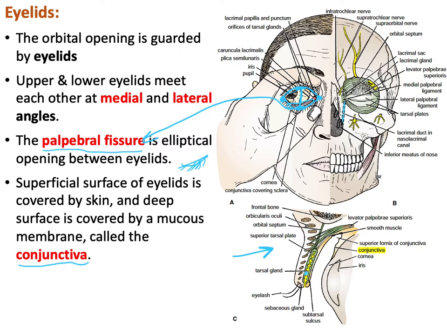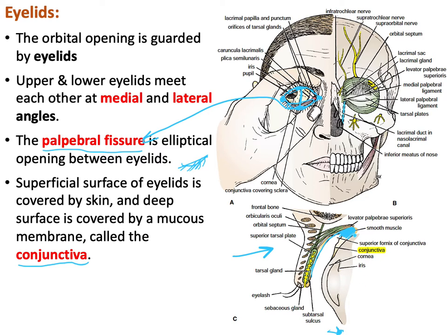So the upper eyelid and lower eyelid, of course, are lined by mucous membrane here. This mucous membrane is called conjunctiva. We'll talk about it, and it's not just lining the eyelids, but also it's reflected at this fornix, at this angle. We call it the upper fornix, because this is the upper eyelid. That means this is the upper fornix, and below it will be the inferior fornix.